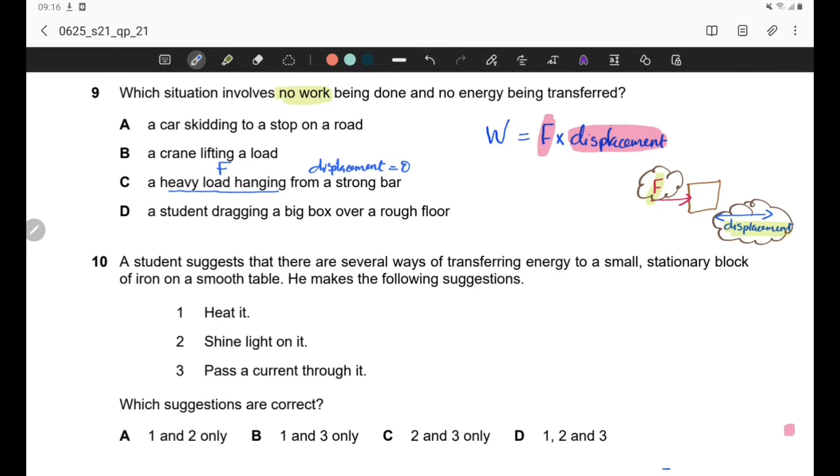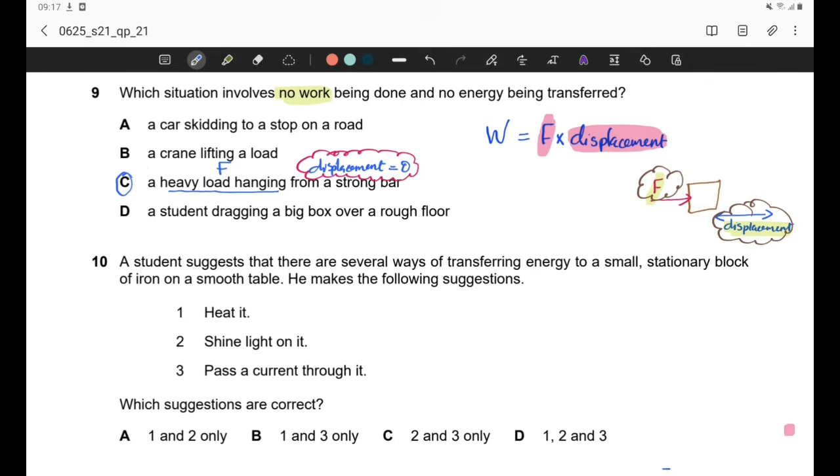It's not moving. It's simply hanging. That means option C does not satisfy the second condition for work done. Therefore, in option C, work is not done. Therefore, the correct answer is option C, which is the option in which no work is being done.